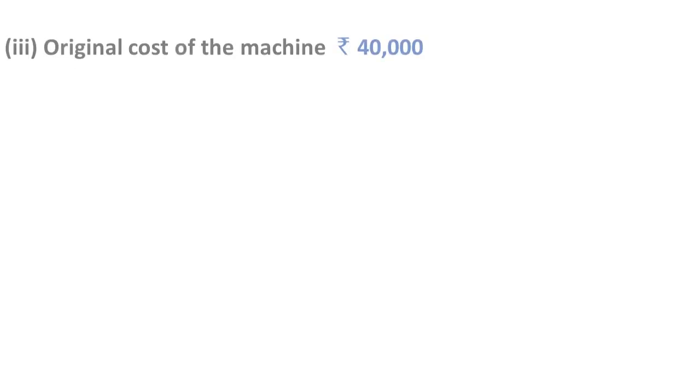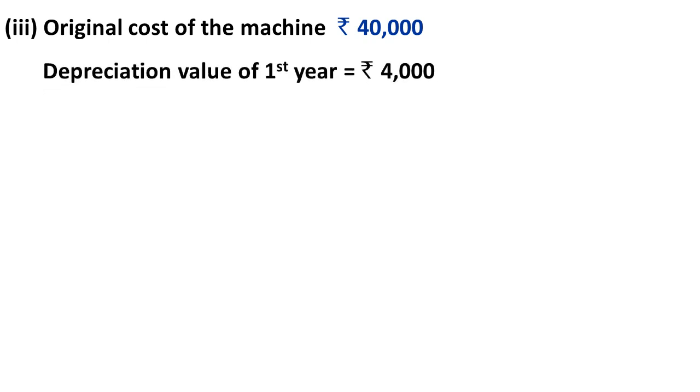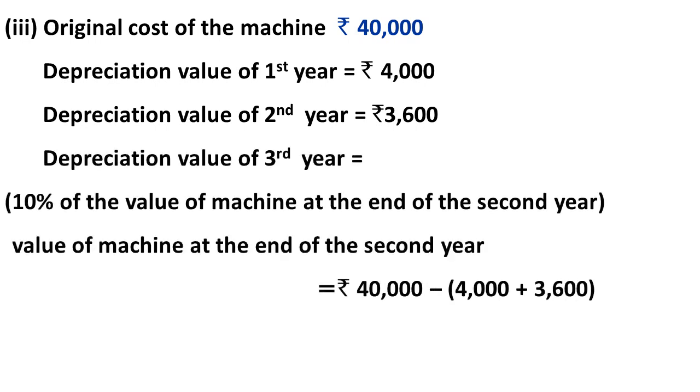So consider the original cost as 40,000, depreciation value of first year is 4,000, second year is 3,600. We need to find out the depreciation value of third year. So we need to find out what is the value of the machine at the end of the second year.